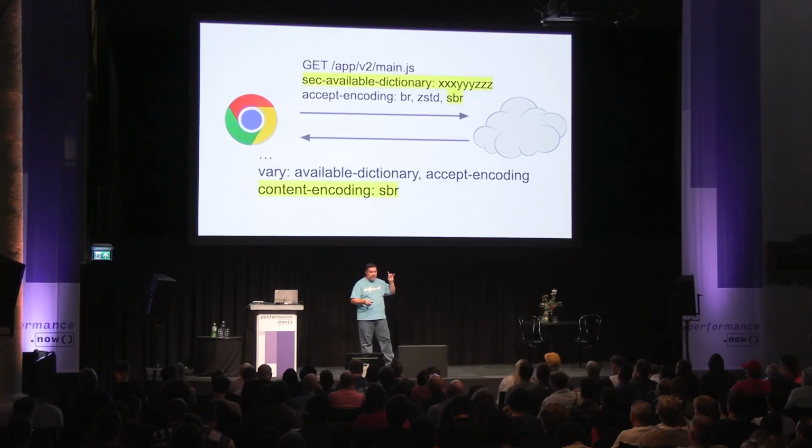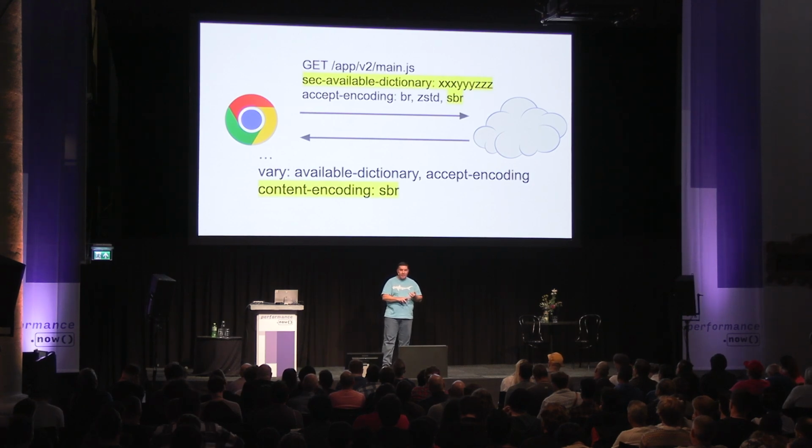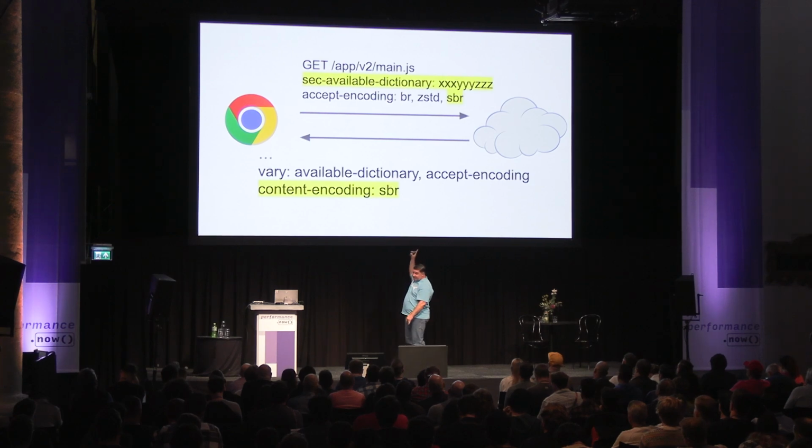When the client requests the resource and you deliver the delta compressed version of it, it has the available dictionary header and the Accept-Encoding, both of which the response is going to vary by. And so that introduces into your CDN caches, or any of your caches in the network, separate copies of your resource for every client combination of headers.